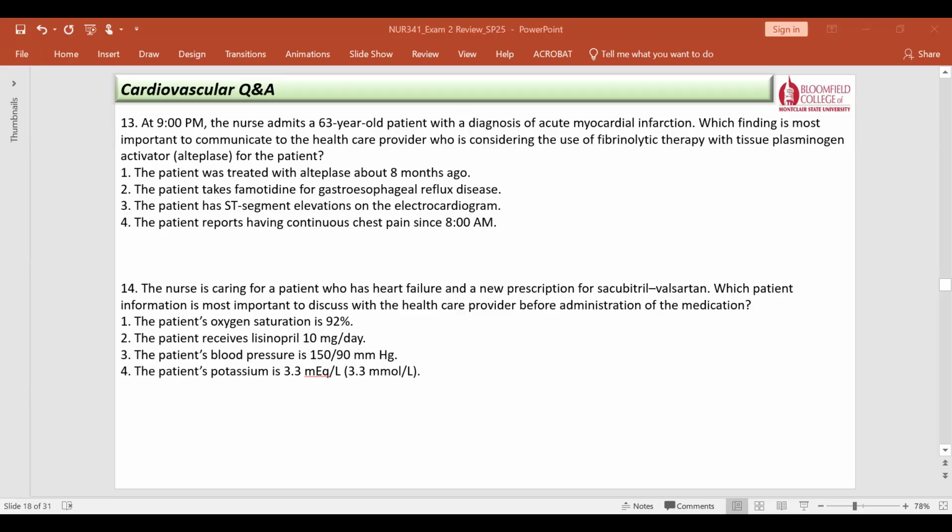So we have a patient on an angiotensin receptor blocker, which is sacubitril valsartan.